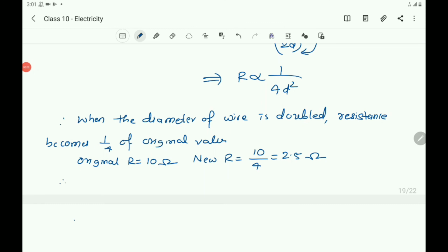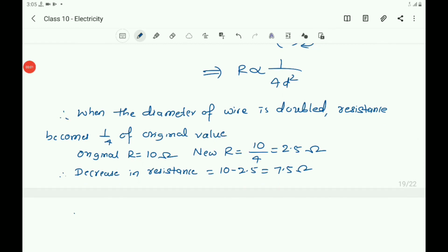Therefore, decrease in resistance equals original R minus new R, that is 10 minus 2.5 equals 7.5 ohm. So you keep in your mind, when the diameter of wire is doubled, resistance becomes 1/4 of the original value, and here the decrease in resistance is 7.5 ohm.